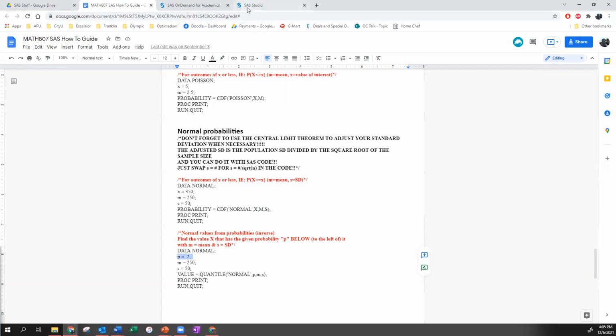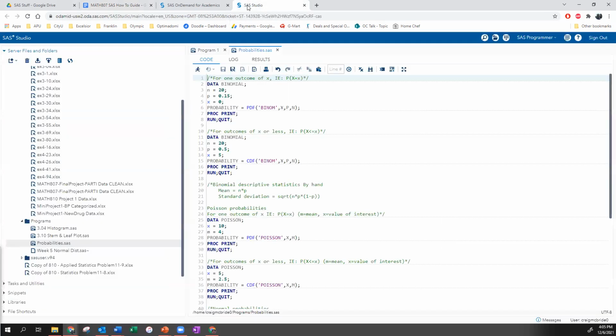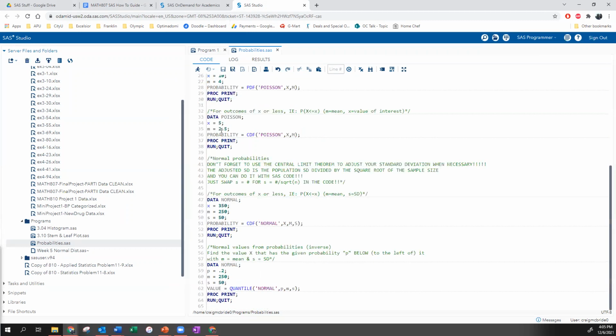So in SAS, all you have to do is copy this, paste it into a blank program, change the numbers, and then highlight what you need to run. I have all of my probabilities in one program, and I've saved it here under programs.